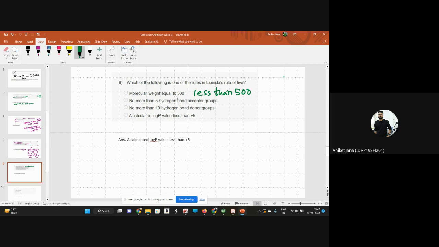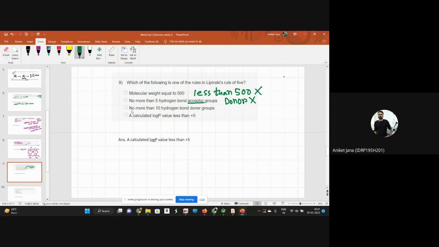Okay, then the second one: no more than 5 hydrogen bond acceptor groups. Is this true or false? No more than 5 hydrogen bond donor groups. It is not accepted. This is false.